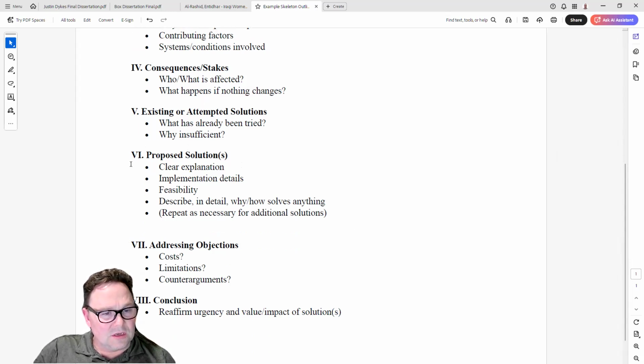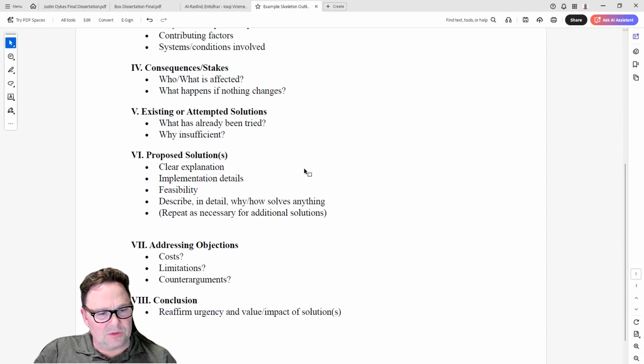Of course, the culminating move is the actual solutions that you're proposing. You want to try and get to a place where you're proposing novel ideas. If your paper is going to be nothing but reporting on solutions that already exist, I think it's a pretty significant missed opportunity.